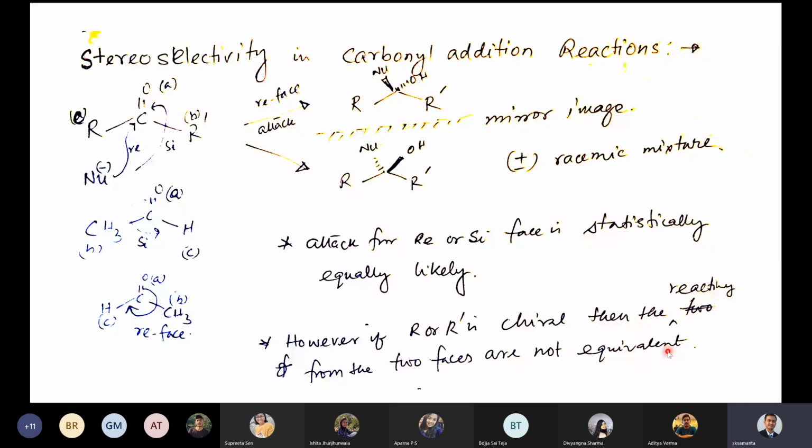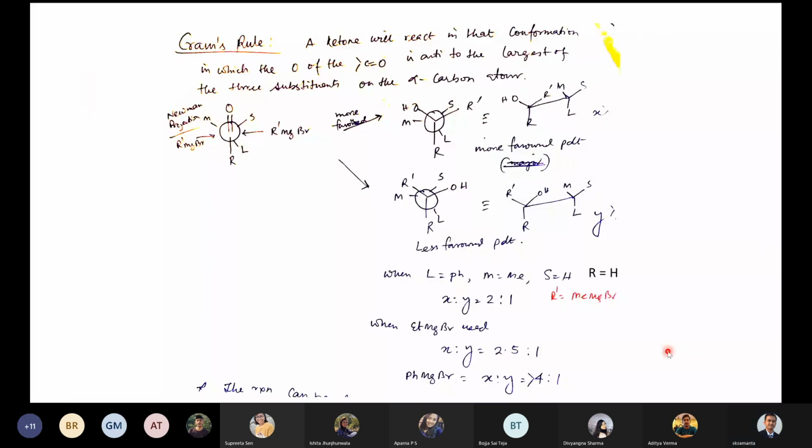Then there is a rule called Cram's rule, which guides from which side the addition will be major and which side the addition will be minor. What is Cram's rule? Cram's rule says that a ketone will react in that conformation in which the oxygen of the carbonyl group is anti to the largest of the three substituents of the alpha carbon atom.